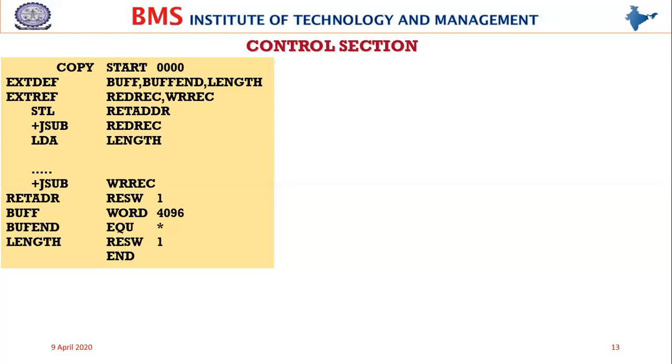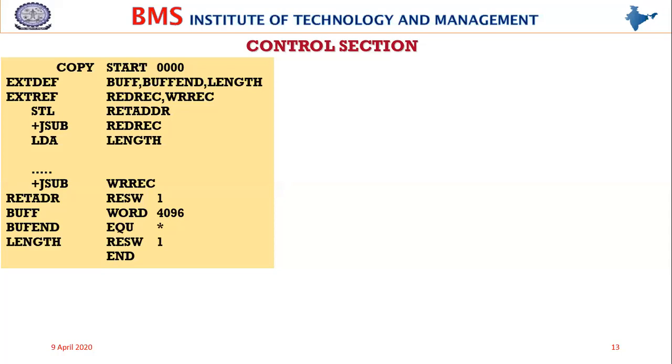We replace the reference by an address in some other section. Then we have LDA LENGTH and so on, and the program goes on. At the later part of the program, we have JSUB again. It is a format 4 instruction, and we give the operand as WRREC, which is also an external reference.